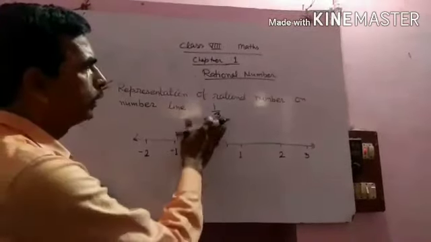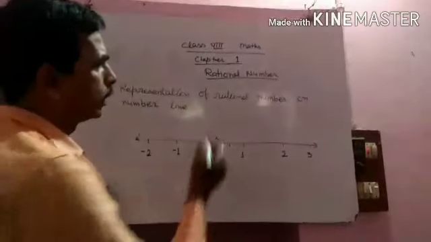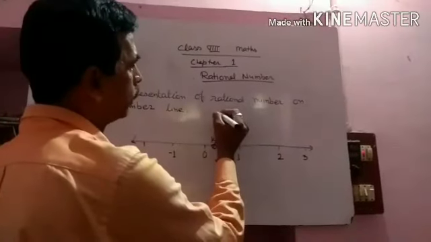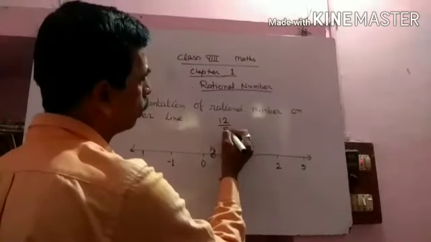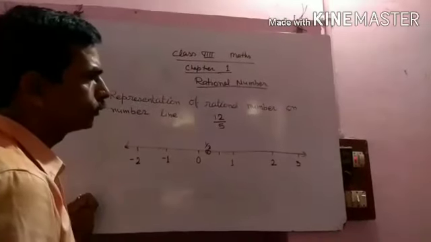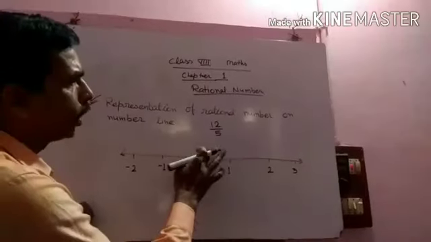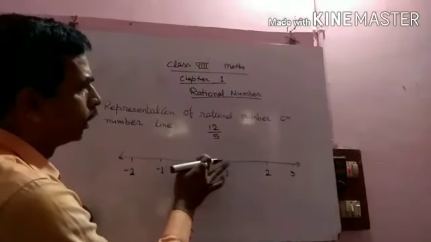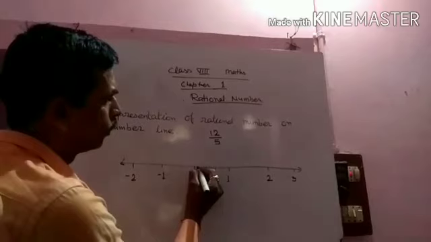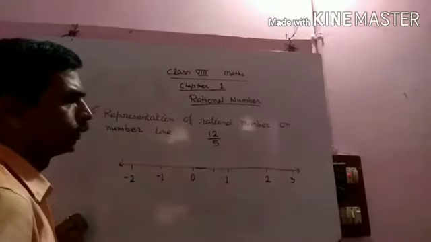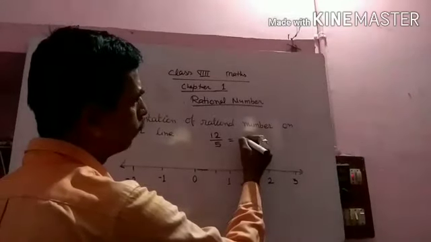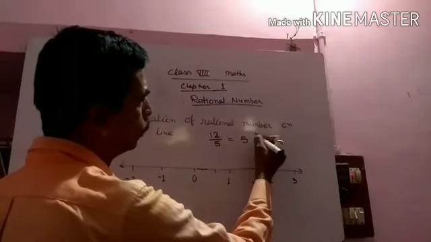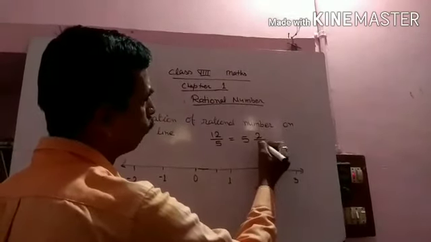Similarly, if the question is raised about 12 by 5, the number is not in the form of a proper fraction. So convert that into a mixed fraction. So it becomes 2 and 2 by 5.